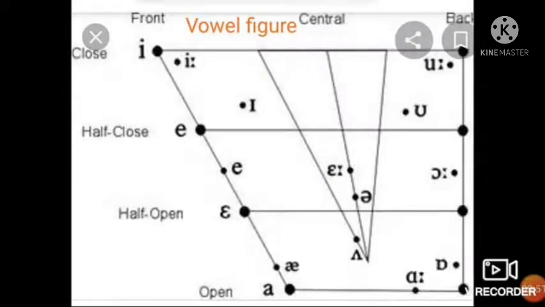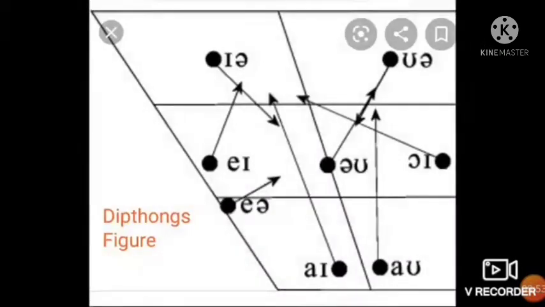Then about diphthongs. Number 2, diphthongs. See the diphthong figure. I am giving some examples about diphthongs also. These are as follows. Number 1, 'ay', that is page, day. 'Ow', so, home.